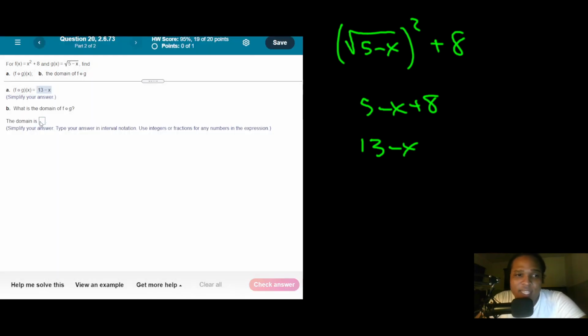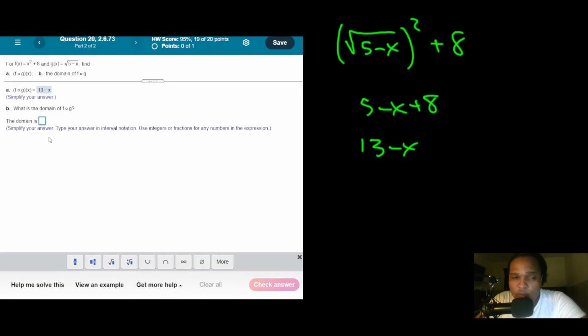Fantastic. What is the domain of f of g? Now remember, we always find the domain before we start simplifying, right? That's right up in here. So let's put domain right there. Now, we have a square root, right?